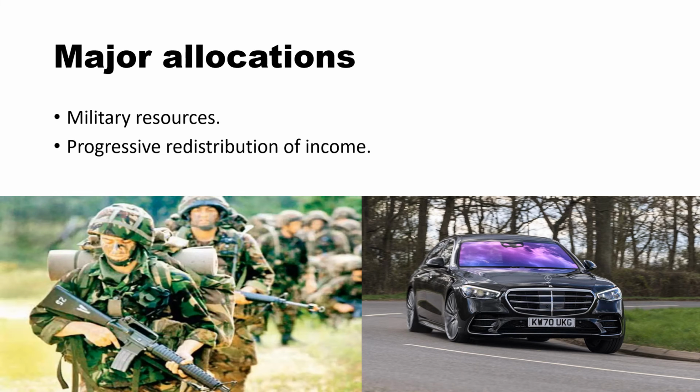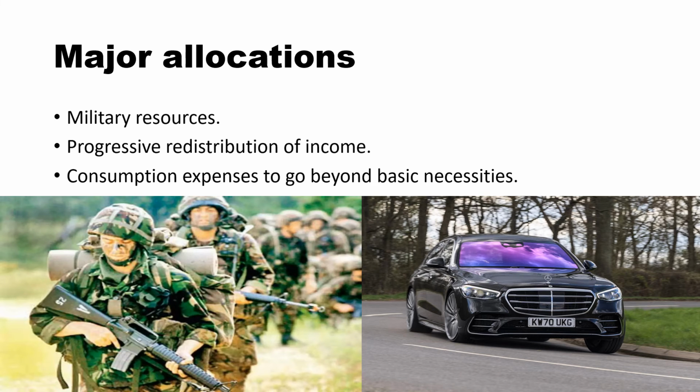The welfare of the society has to be enhanced through progressive redistribution of income, provision of leisure, social services, and social security measures. Consumption levels of the people are to be expanded beyond the basic necessities and subsistence concerns like food, shelter, and clothing.